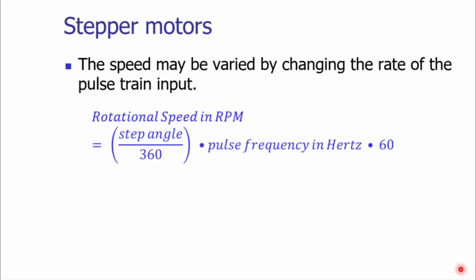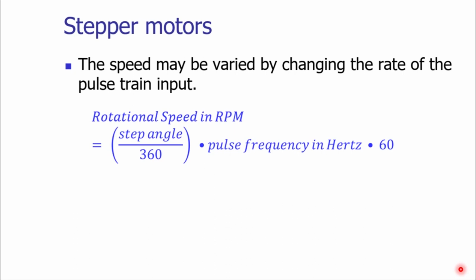The variation of the speed of a stepper motor is dependent upon the rate of pulse train input. As we are changing the rate of the pulse train input, the speed is varying.